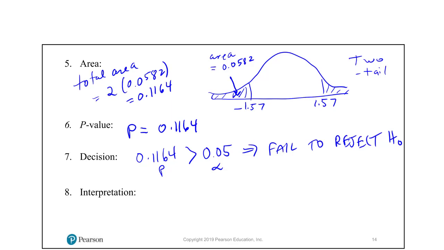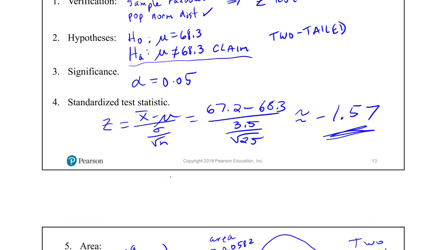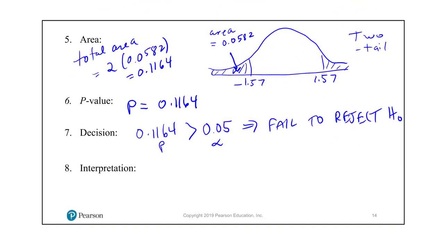Okay, now I need to make my interpretation. Am I in a support mode or a rejection mode? I go back. Where was my claim? My claim, again, in this case, was in the alternative. The claim in the alternative is a support mode. So we're in support mode. Now we decide. Our claim is in the alternative, being in the support mode, and we failed to reject H0.